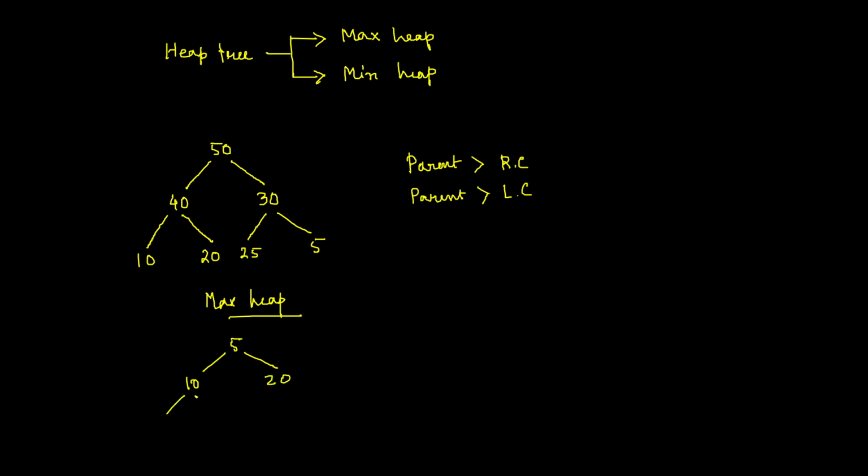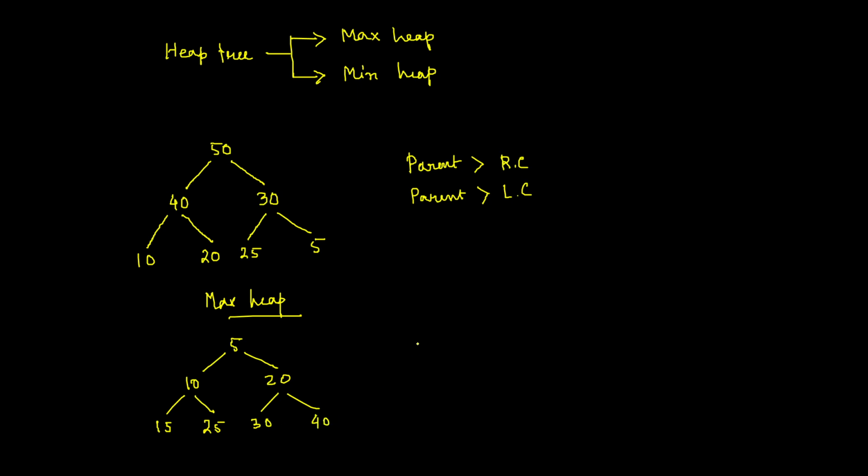Similarly, if you consider that 10 has some childs, the child value should be greater than this 10. That is, say for example here 15 and here 25. And this side, if there is something, that will be again greater than this 20. So for example, say 30 and 40.